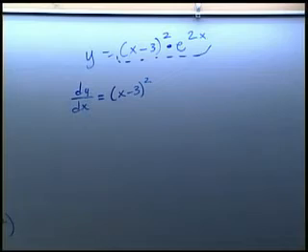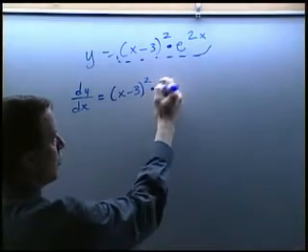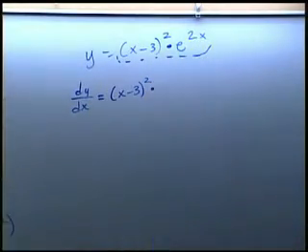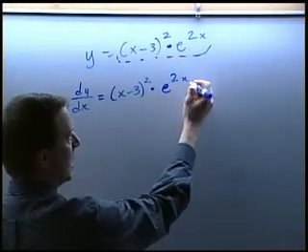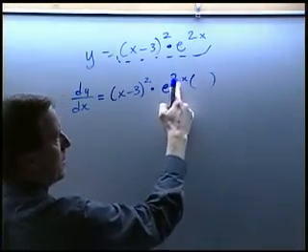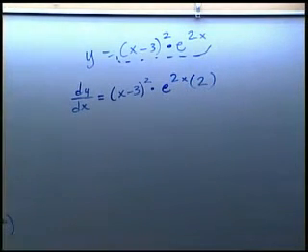Now I need to multiply by the derivative of the second piece. All right, derivative of the second piece looks like what we've been doing today. What's the derivative of e to the 2x? E to the 2x, and then times what? Times a 2, right, okay? That chain rule that we just talked about up there, e to the 2x times 2.